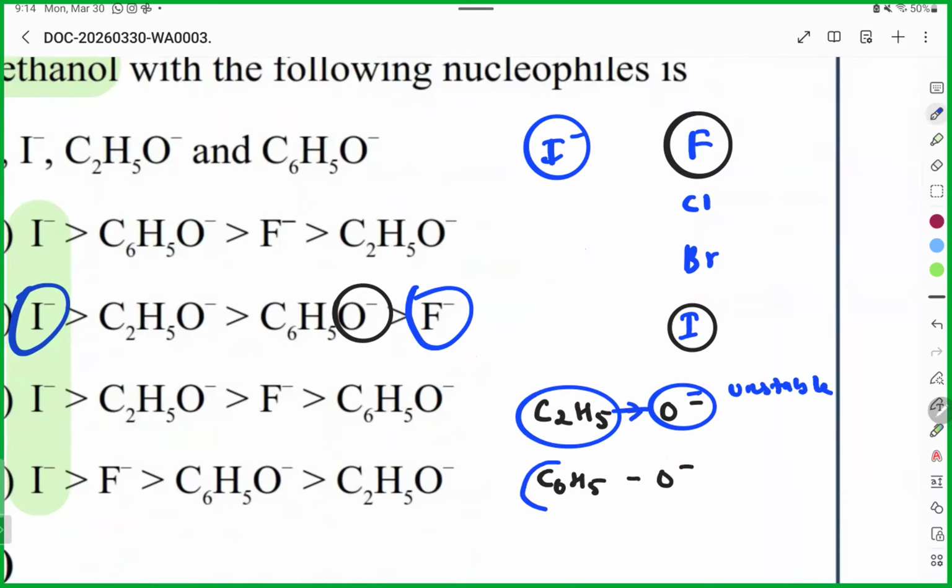But the benzene ring withdraws some electron, so it brings some positive charge and is more stable out of these. Correct? In organic compounds, stability is decided by the charge. More charge, less stable. Less charge, more stable.